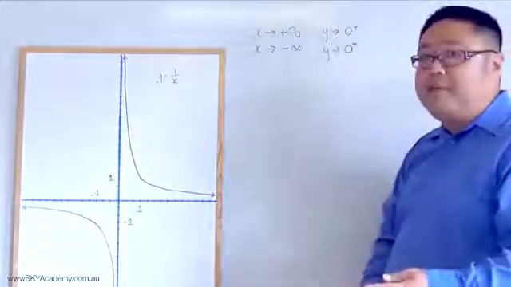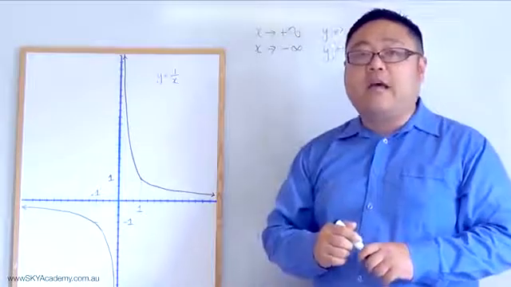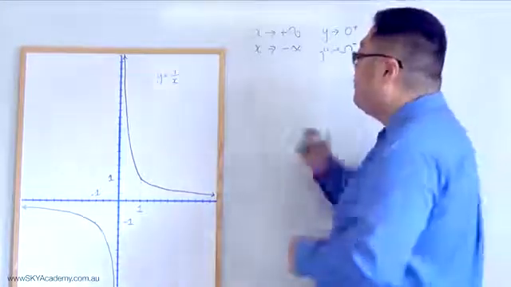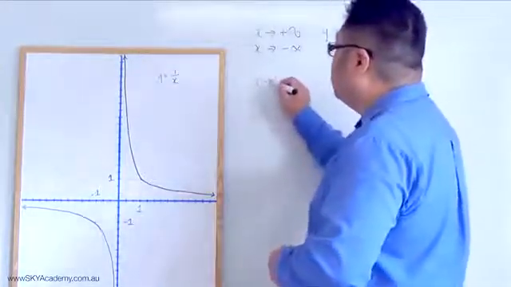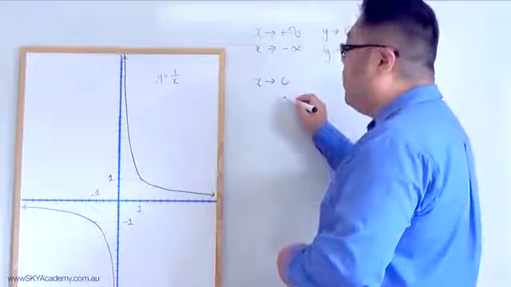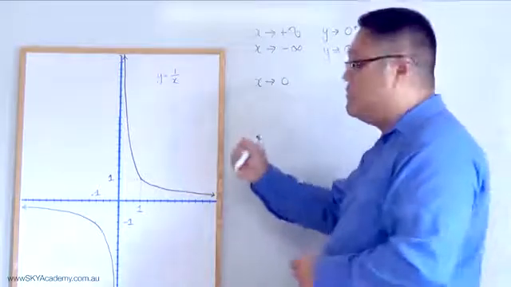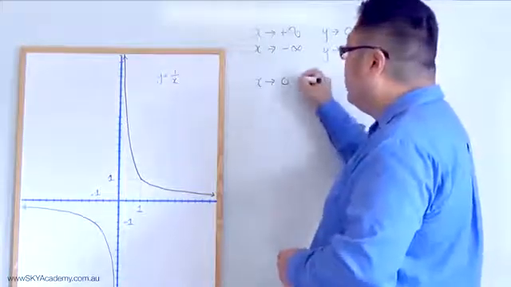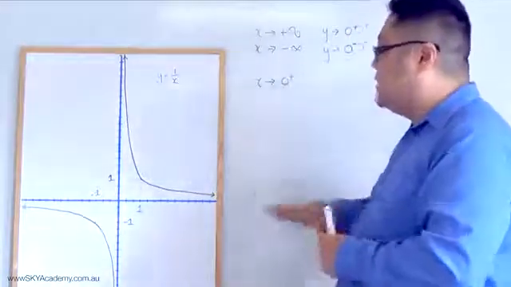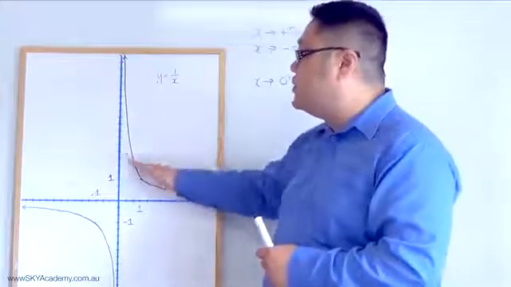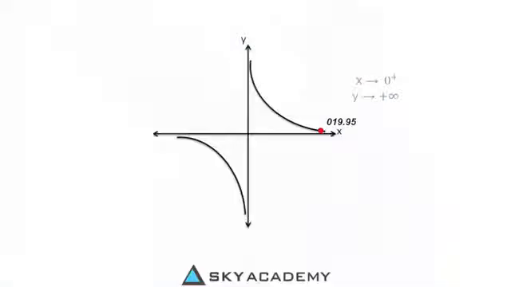Now the other thing we're interested in is what happens when x approaches 0. First, we'll look at what happens as x approaches 0 from the right, in other words from the positive x-axis. What happens is y shoots off to infinity, and not just infinity, the positive part of infinity.